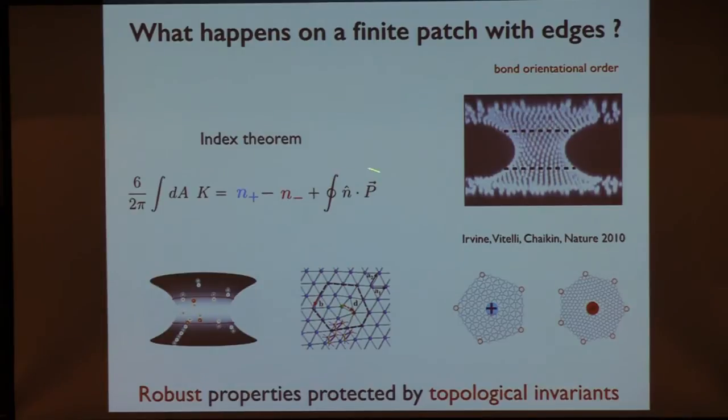However, if you are on a surface which has a boundary, then the game changes. Why? Because if you look at the core of a defect that involves a missing row of atoms, you see that there is a 7 and a 5 orientational defect right next to each other, a dipole of them.